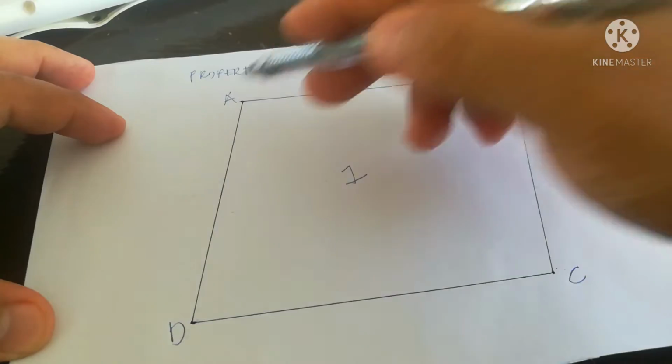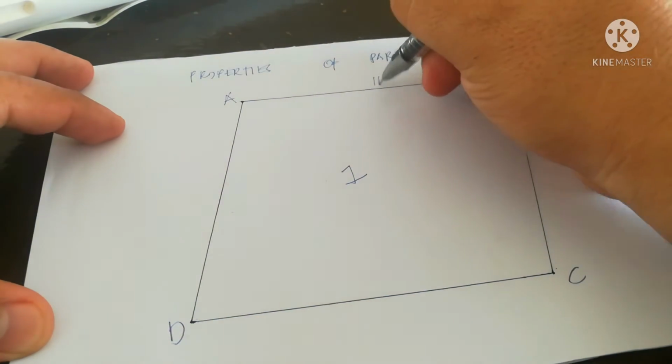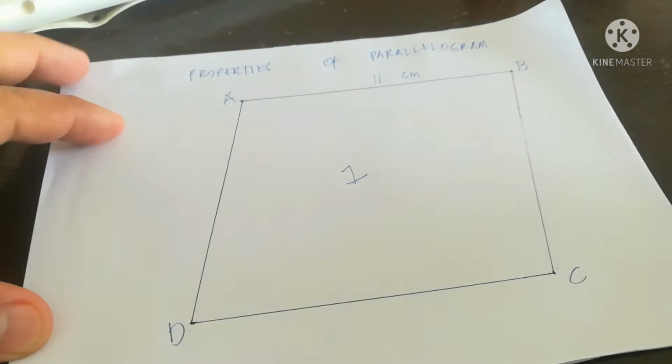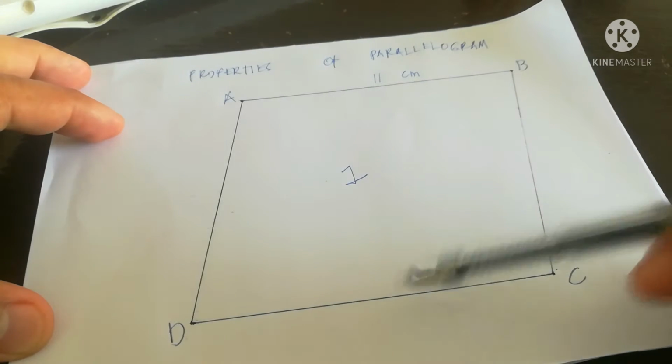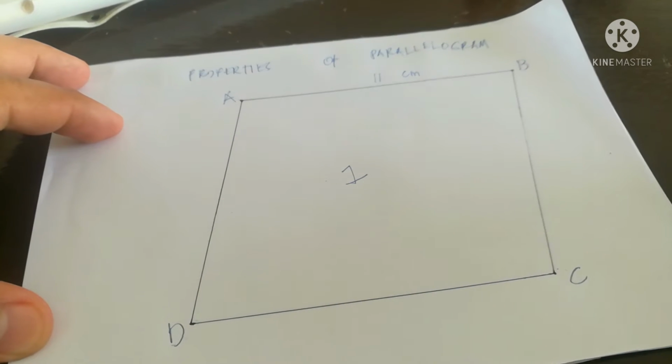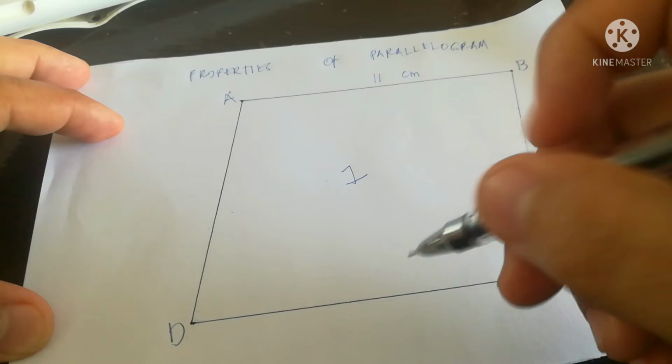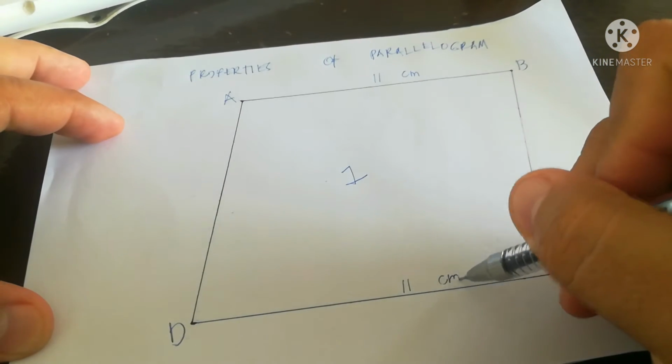If side AB is 11 centimeters, what is the measure of side DC? Yes, it's also 11 centimeters.